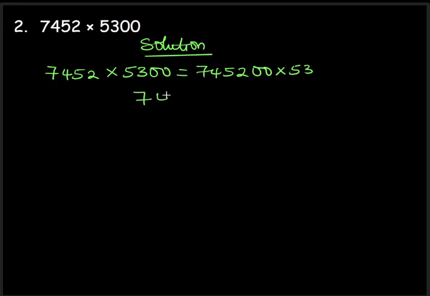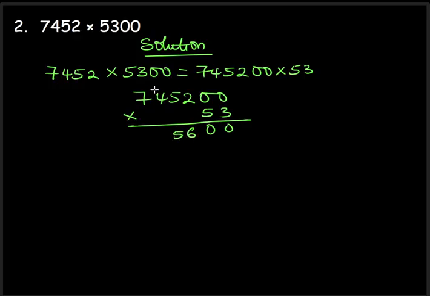So let's see, 200 times 53. Multiplication sign, 3 here, 0, 3 times 0, 0, 3 times 2, 6, 3 times 5, 15, 5 carry 1, 3 times 4, 12 plus 1, 13, 3 times 7, 21, 21 plus 1, 22.